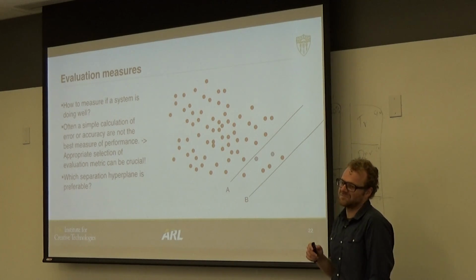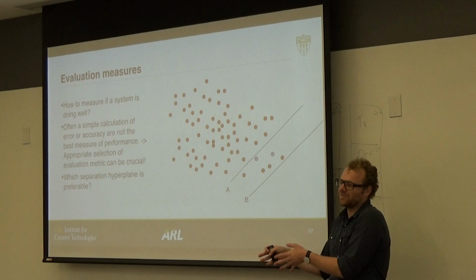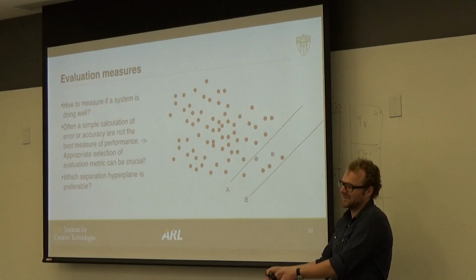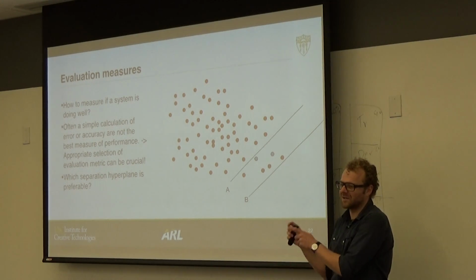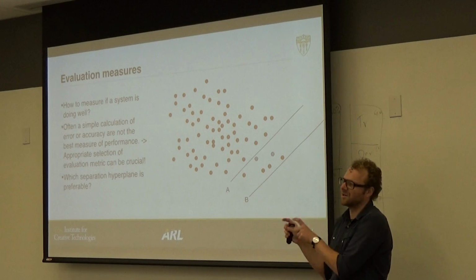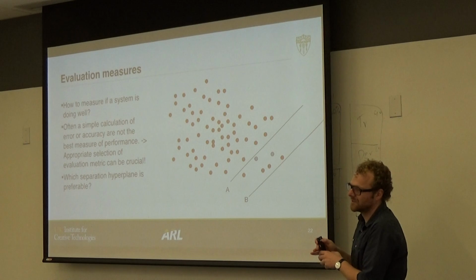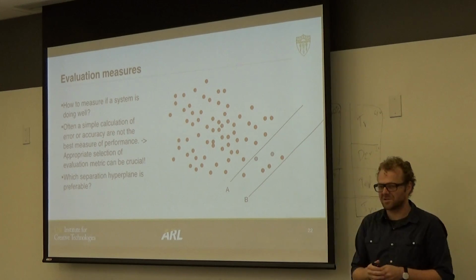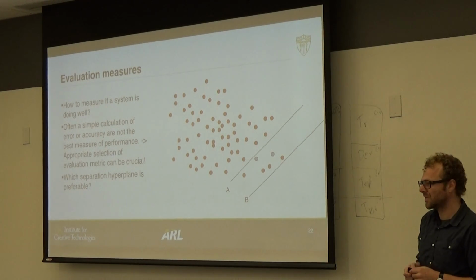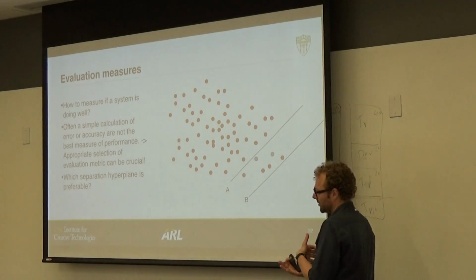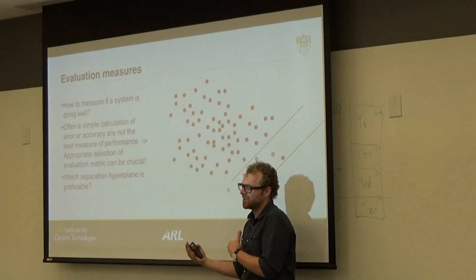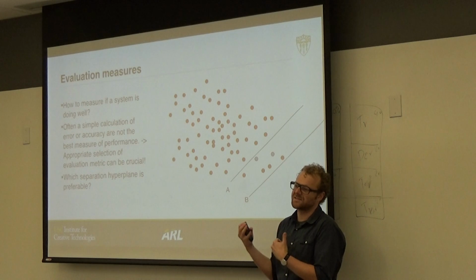You might not care about it because you already know 99% of your data is that class. I want to identify the 1% that's not that class. So what you really want to know is where these points are. That changes your focus of attention as well, so you have to make sure you're paying attention to the right type of error.